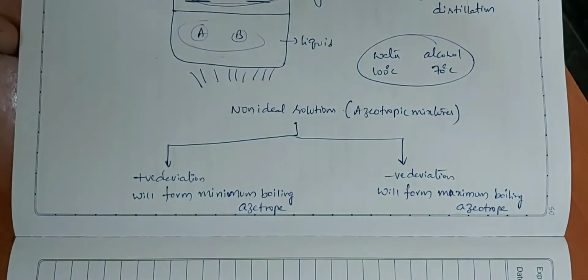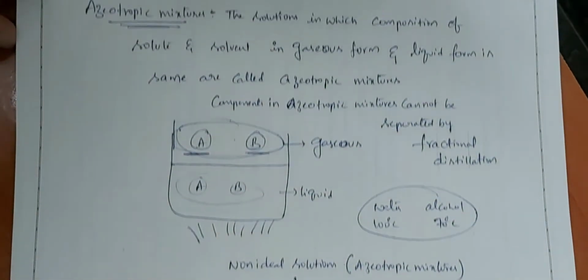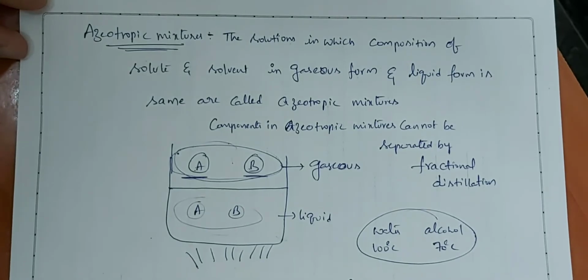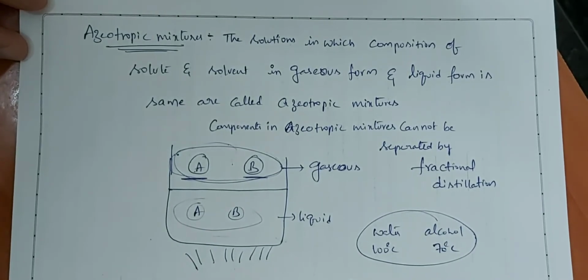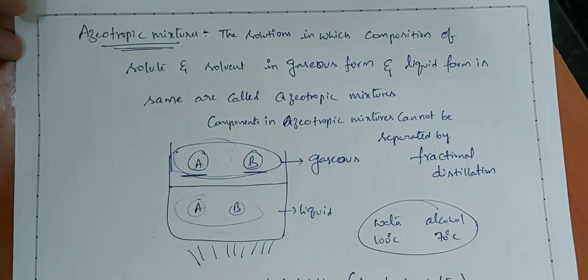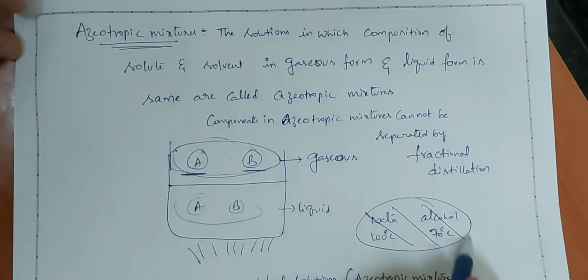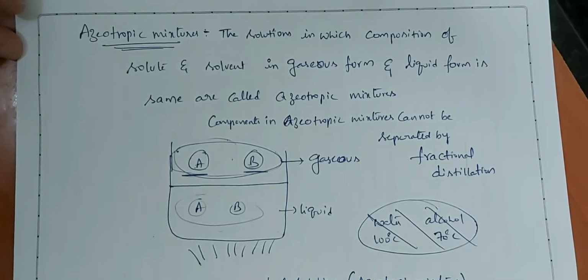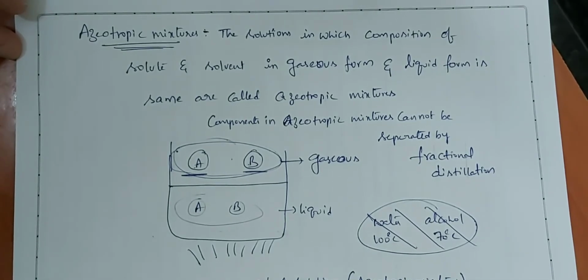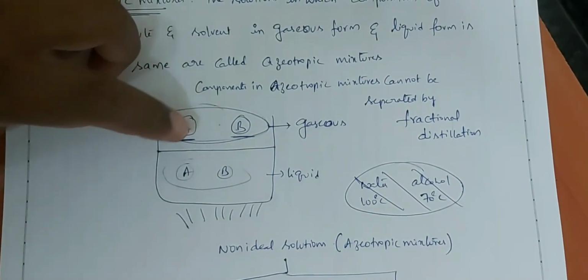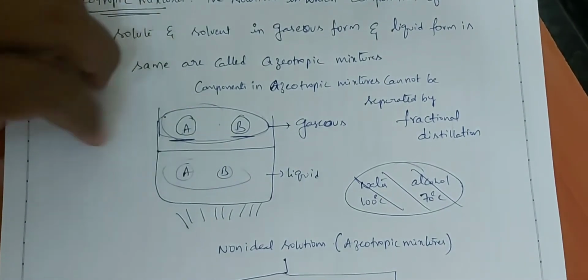Okay, this is the information about azeotropic mixtures. First, once again, solutions in which composition of solute and solvent in gaseous form and liquid form is same are called azeotropic mixtures. Components in azeotropic mixture cannot be separated by fractional distillation, because they have equal compositions in gaseous form as well as in liquid form. Both A and B will be present in gaseous form as well as in liquid form also.